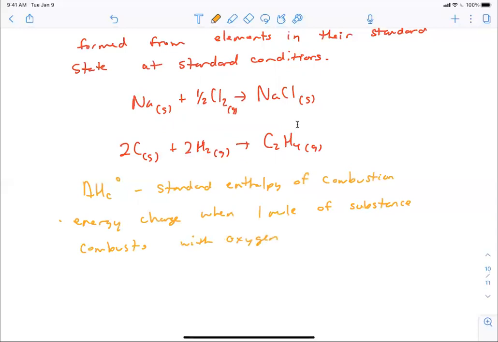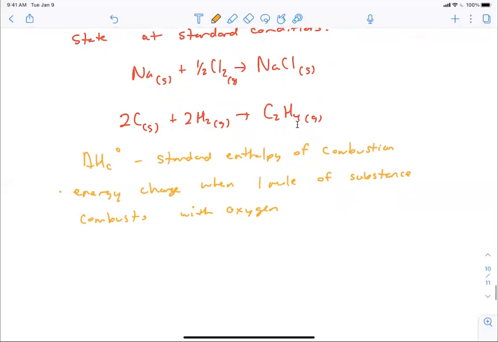So now the species in question, if you want the standard enthalpy of combustion of something like C2H4, it would react O2 to form CO2 gas plus H2O, at standard conditions too as well.